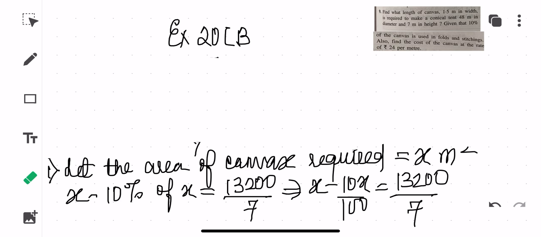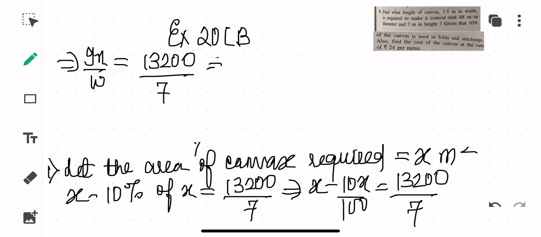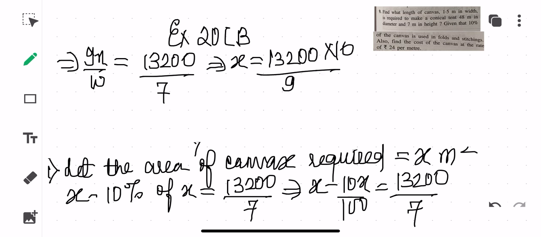And then the solving part, children, rest everything was fine, only there was this small change in the calculations. So this implies 9x upon 10 is equal to 13200 upon 7. So the value of x that we are getting is equal to 13200 into 10 divided by 9 into 7.